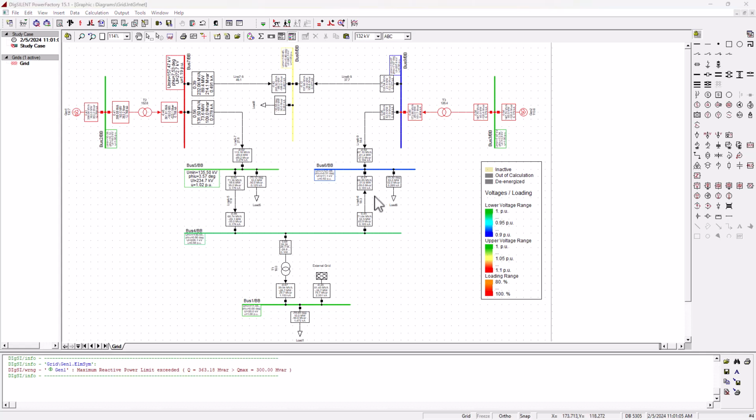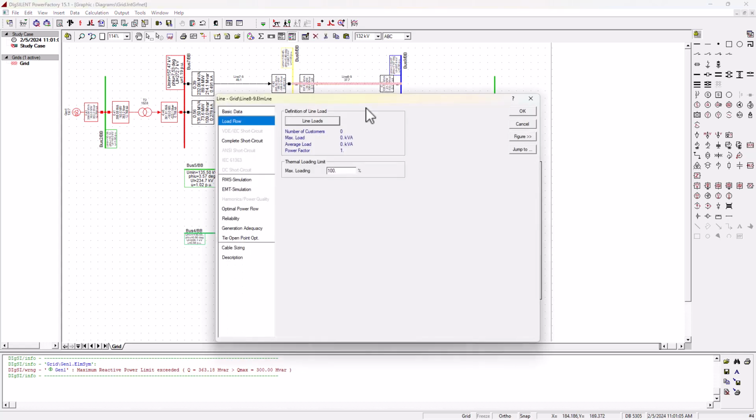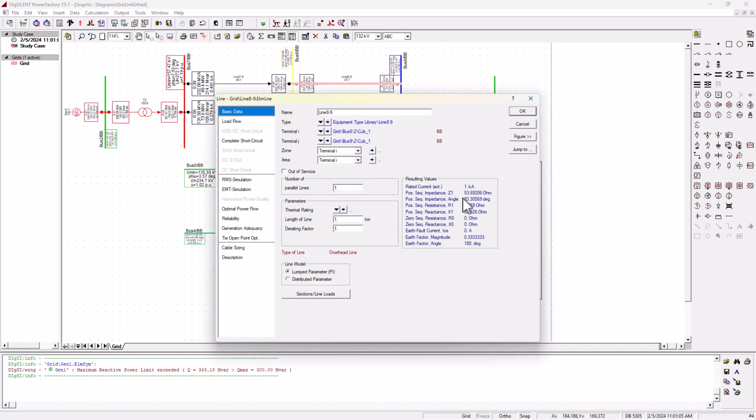As we know, in a power system, the impedance of the line is made of resistance and reactance. If we open this line here quickly, we're going to realize that this line has an impedance of 53.69 ohm and the angle is 83 degrees, because it has a resistive and reactive component in this impedance.